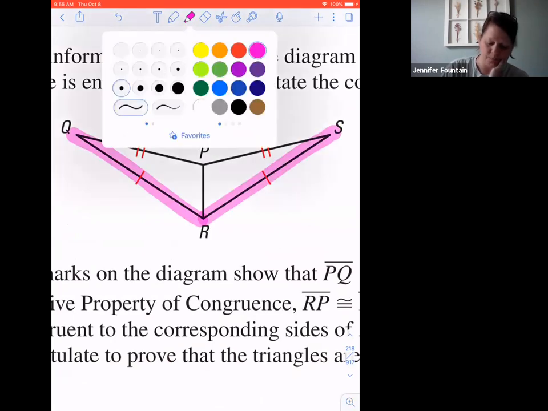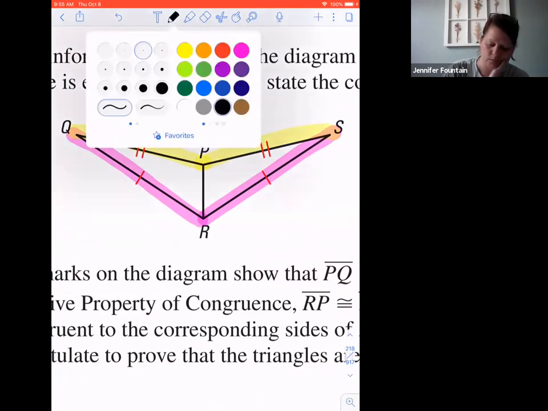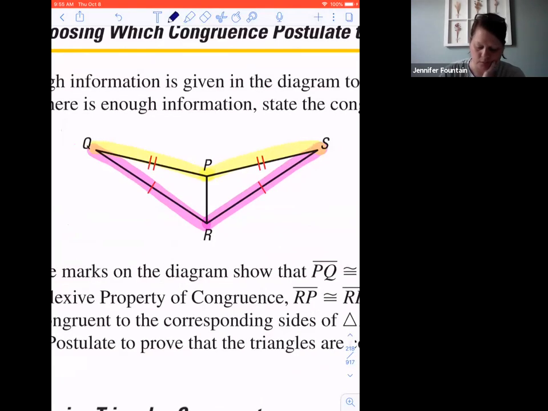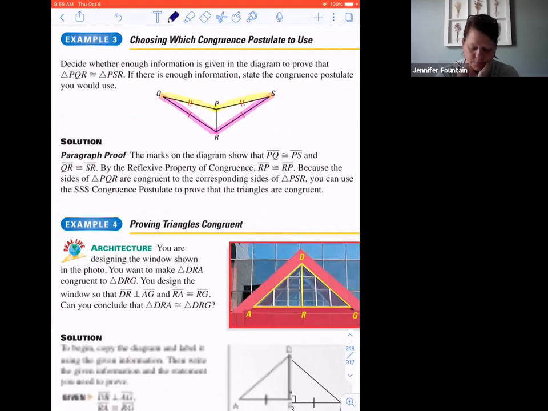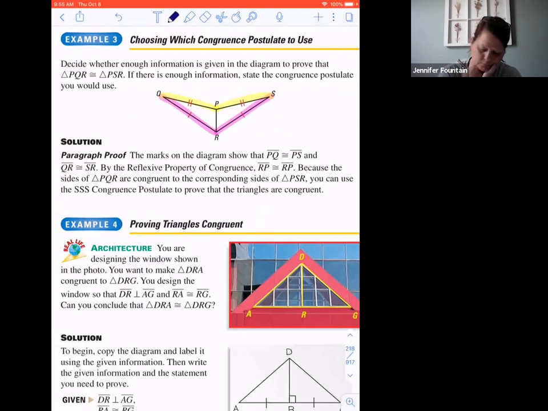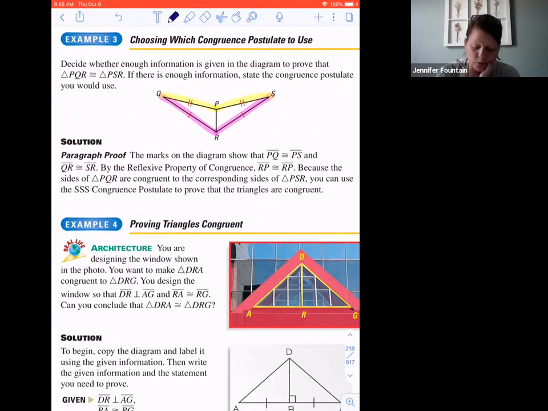and I know that QP is congruent to SP. Looking at those, what else do I know from this information? PSR is congruent to PRQ. I know that those angles, because my sides would be congruent.